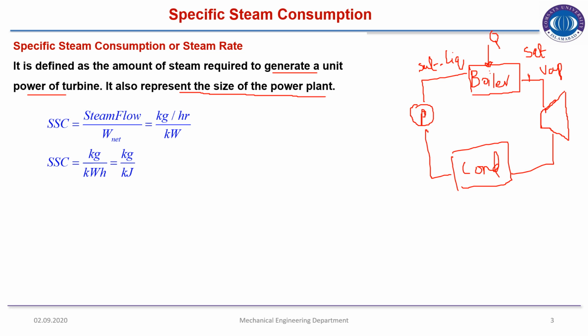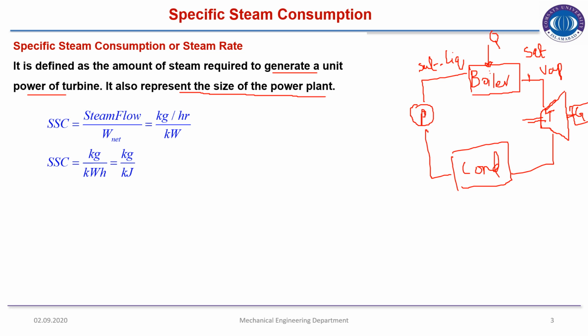So the saturated vapor or steam that is entering the turbine, here the turbine is connected with the generator. Here I will show the generator. So the turbine shaft is connected to the generator as well.